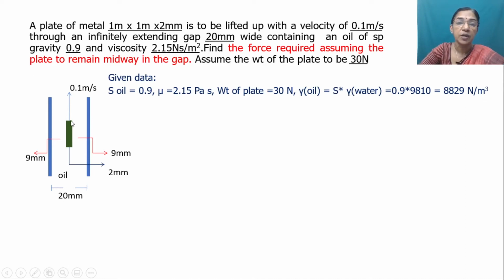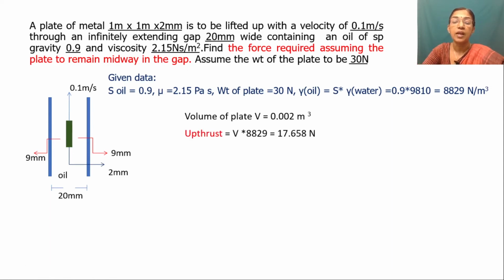In order to find out the upthrust, the next part is to calculate the volume of the metal, because the volume of the liquid displaced by the metal is equal to the volume of this metal. So the volume of the liquid displaced equals the volume of the plate, equal to 0.002 meter cube, and upthrust equals volume multiplied with the specific weight.